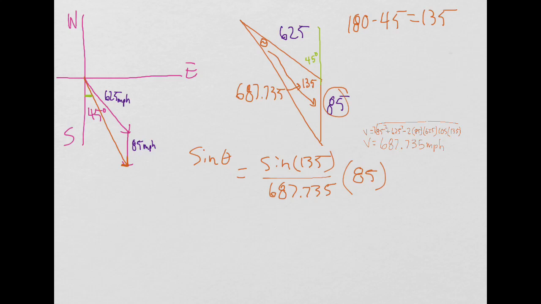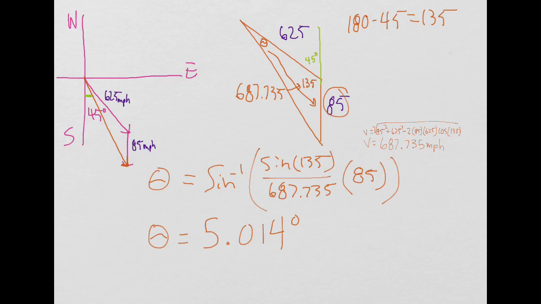And then to get theta, if I have sine theta, I need to take the inverse sine on both sides. So I'm going to take the inverse sine of that whole thing, and that'll tell me my value for theta. So literally plug that whole thing into your calculator, and you should find that theta is 5.014 degrees.